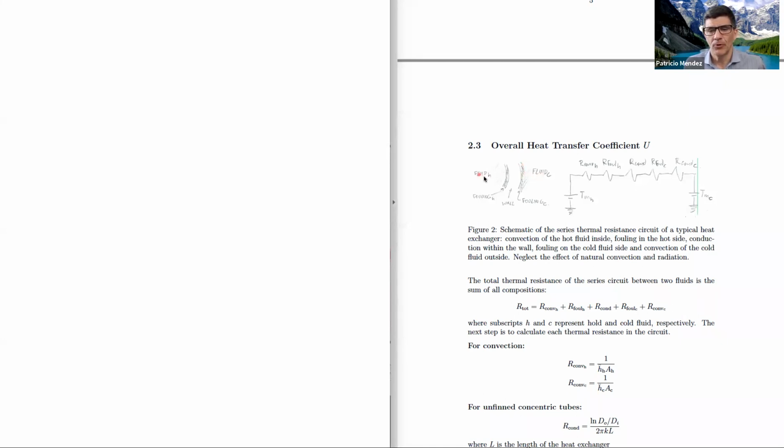And then we have a fluid, let's say inside. For the sake of this example, inside is the hot fluid and outside is the cold fluid. H and C are going to be the subscripts describing the hot or cold fluid, or I and O, whether it's the... Well, that was inlet and outlet. So that's why we don't use inside and outside as we used before. I need to revisit that notation.